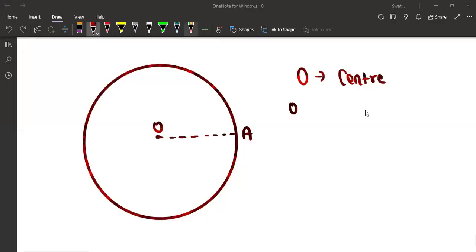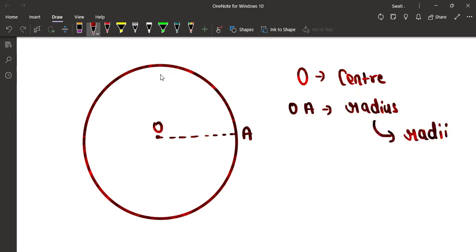Very good. It's radii, Manya, with double I. Remember it. So OA is the radius, and the plural of radius is radii, R-A-D-I-I.